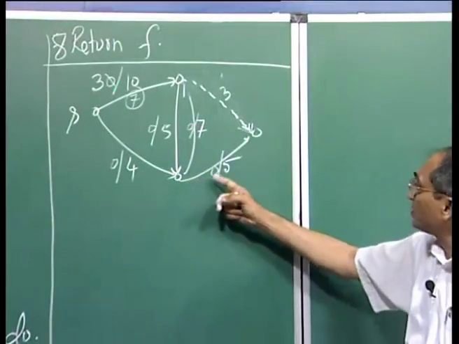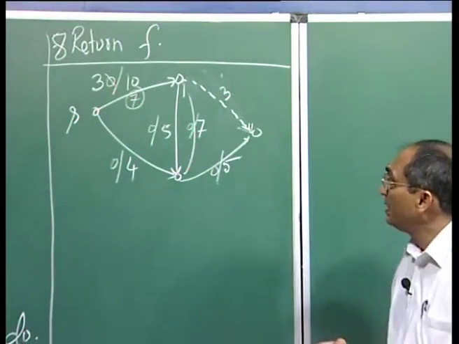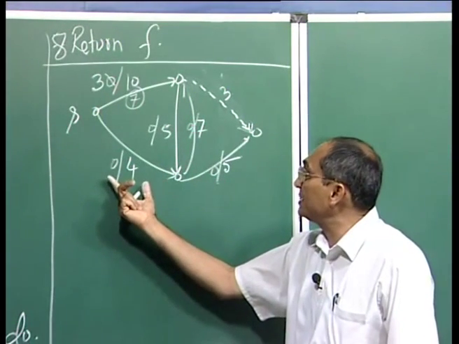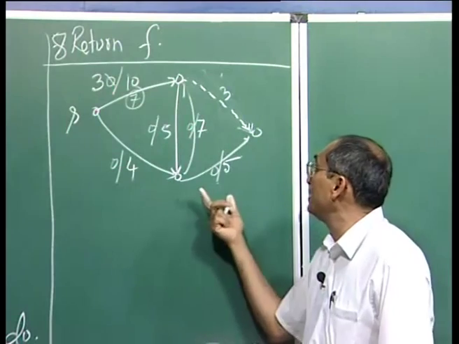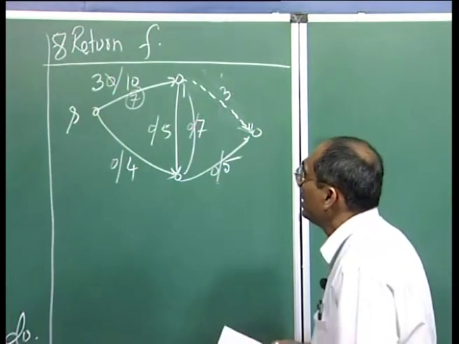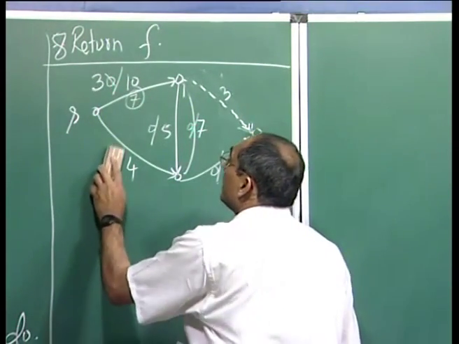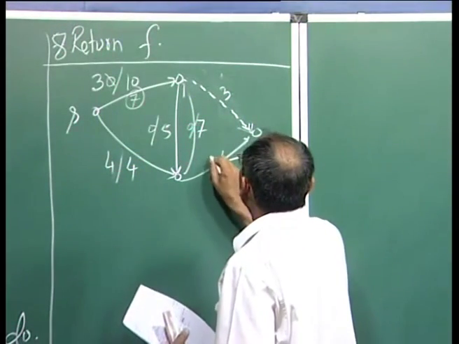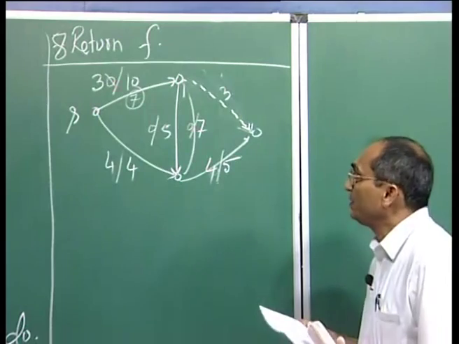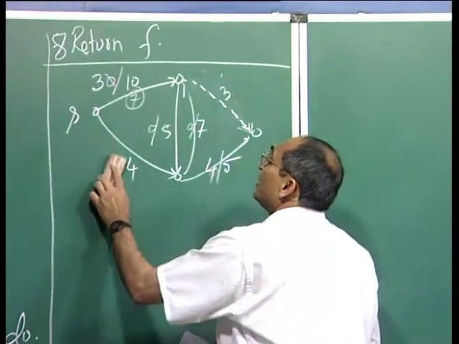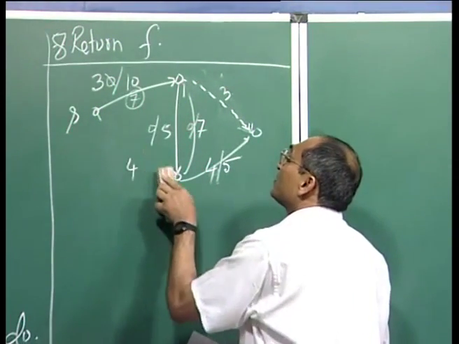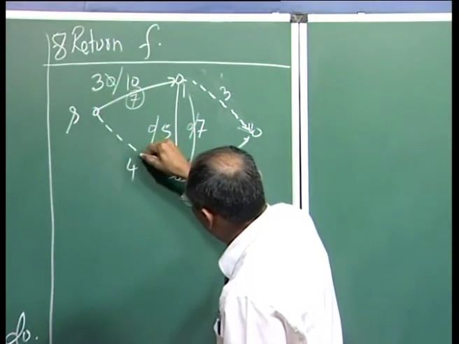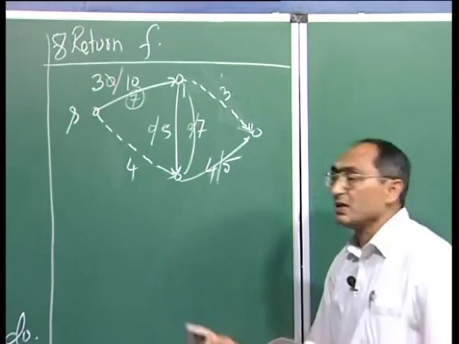This time, say I choose this path, and I find that the residual capacity here is 4 and here it is 5, minimum is 4. So, let us augment that flow. We put 4 here, we put 4 here, and once again this is saturated. So, I will drop this from our residual graph and just leave it as a dotted line, where the 4 denotes the original capacity.